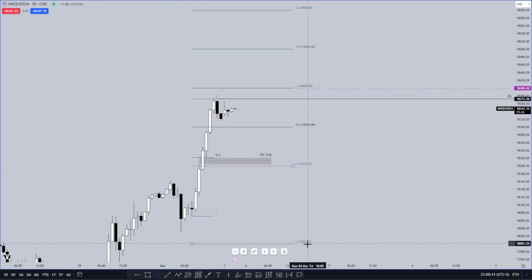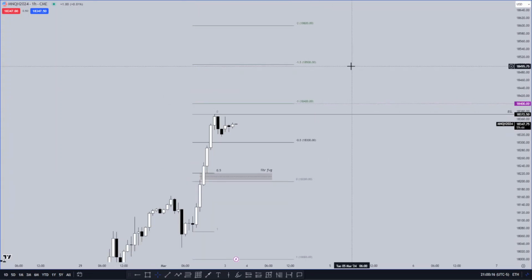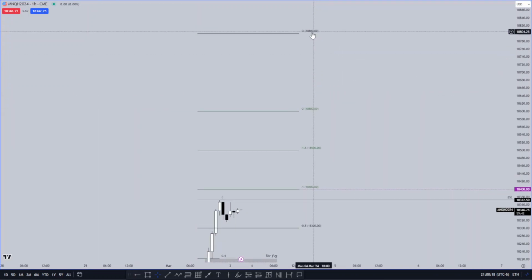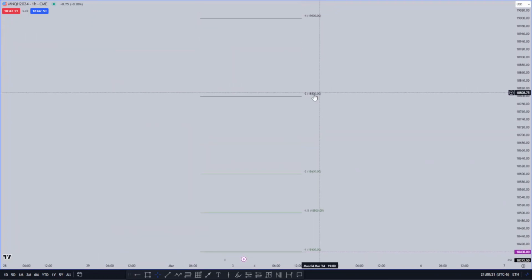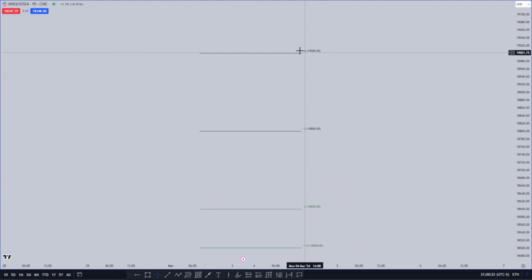We have from here to here, 2 year, 2 year, 2 year. 3 standard deviation would be this level right here. 4 standard deviation would be this level right here.